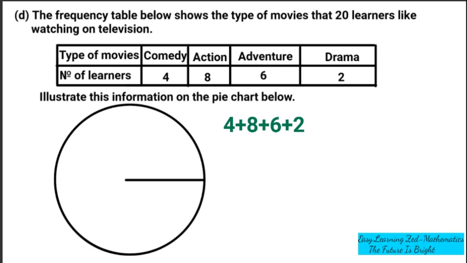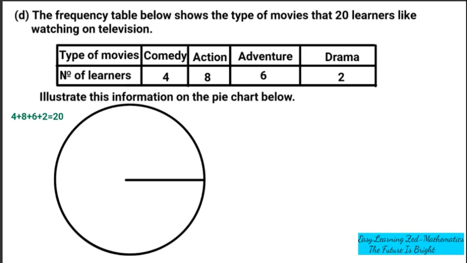All right, next what I'm going to do is transfer this number. I'm not going to delete it, I'm going to put it aside there, on the left side of the circle, so that we can remember the total number of learners who like different movies.